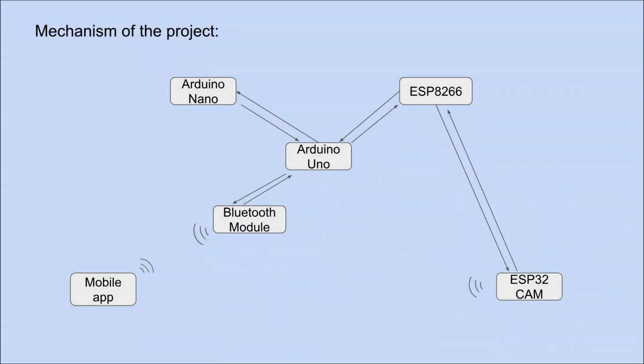Bluetooth communication is used to operate the vehicle. A central Arduino Uno maintains communication with few other microcontrollers and with the mobile app via the Bluetooth module.